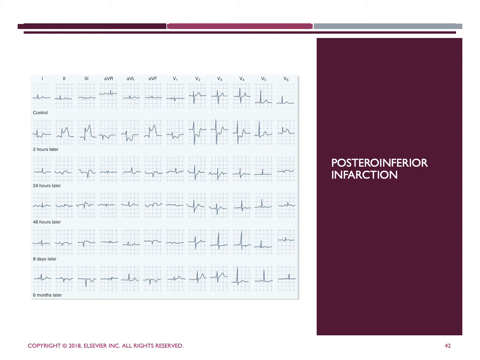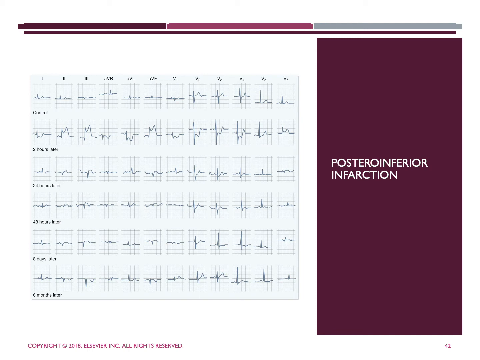In addition, a larger R wave, ST segment depression, and negative T waves have developed in leads V1 and V2. These are early changes indicating acute posterior inferior myocardial infarction.